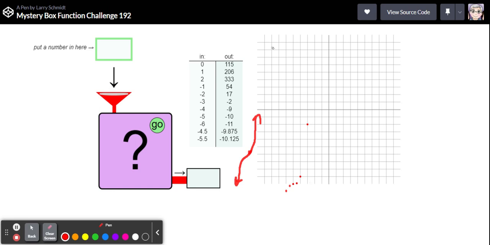So maybe it's just a regular cubic function, but it's moved in this direction, and here would be our center of the function. That looks like 5. So that would be a +5 inside here, and then move down 10, so -10 on the outside of the parentheses. Let's just test a couple of points though.